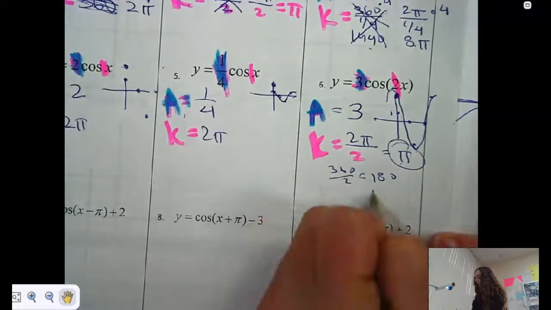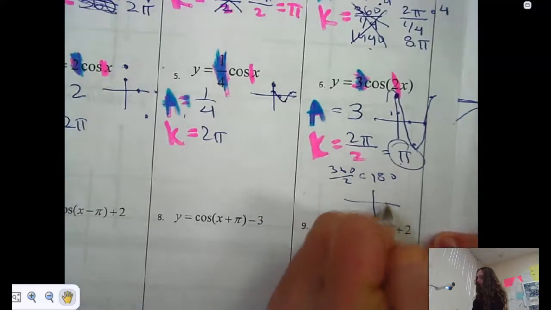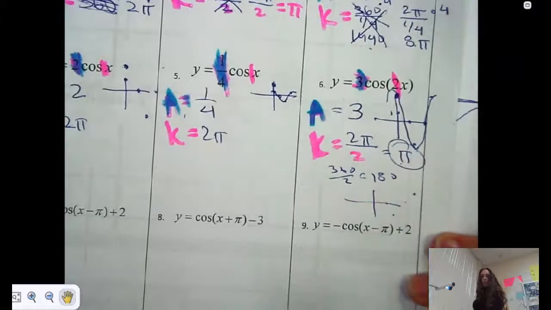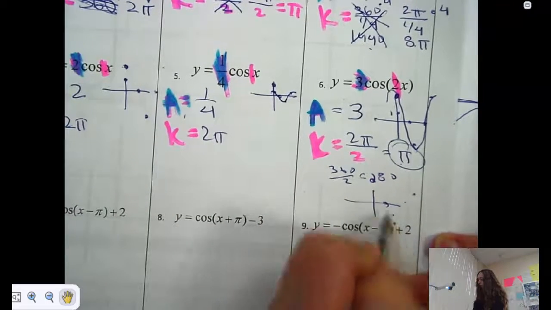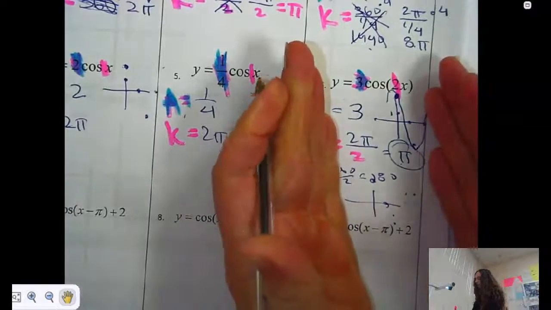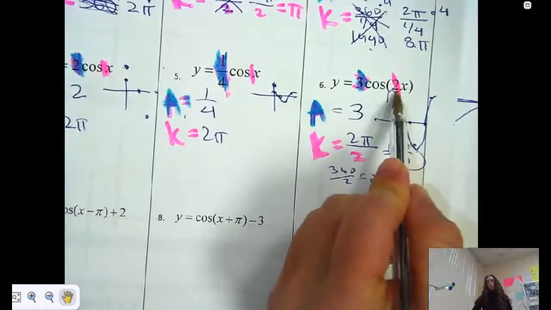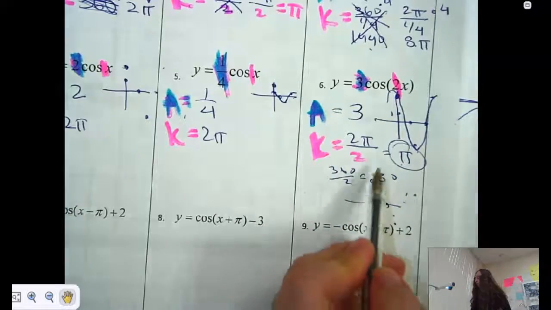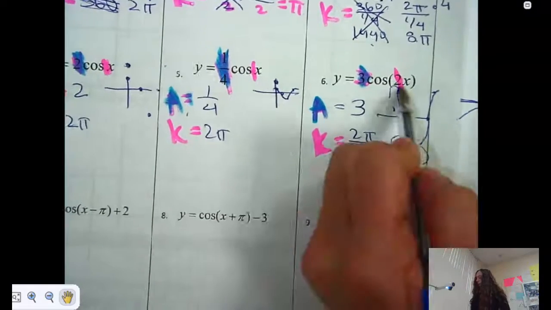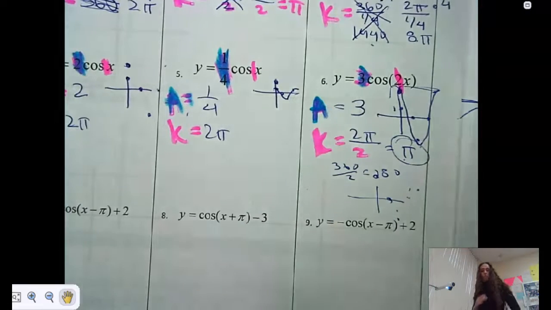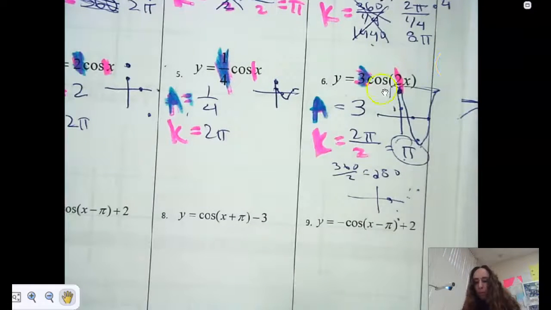That means that not only, if this was the original, let's say top, middle, bottom, it's now 3 times as high, which I'm not going to do a good job with, and it's skinnier because it's half the distance from hump to hump. So instead of being 360 from top to top, it's now going to be 180 from top to top. Okay? I'm going to stop there and we'll do the rest in a second.